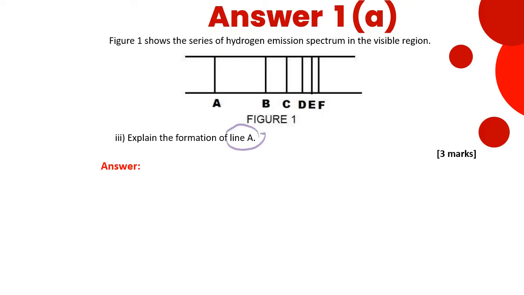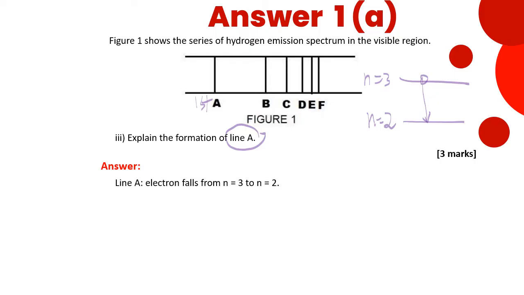For line A, which is the first line of Balmer series, we should know that electron will all drop to 2, and first line, so it comes from n equal to 3. Before it comes to n equal to 3, we have to explain what happened initially. So before anything happened, electron is always at the ground state.